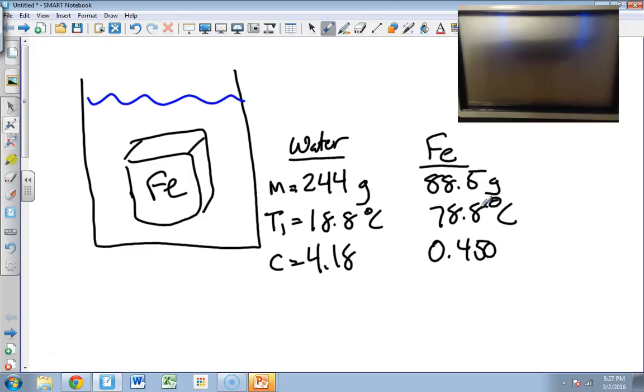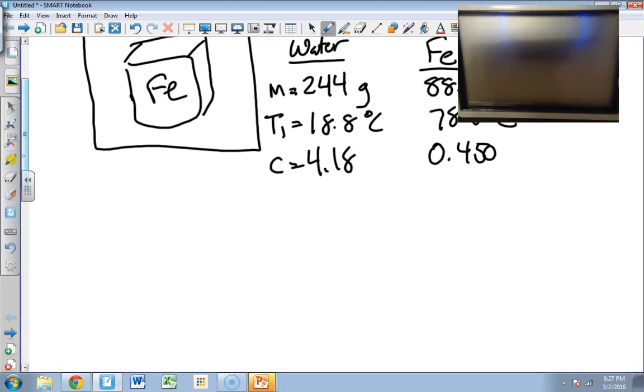But the final temperature is the same for both. When we have a situation like this, the final temperature is the same for both the iron and the water. That's thermal equilibrium.